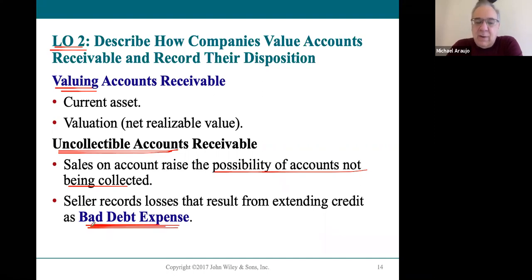And thus, from a practical perspective, that becomes a bad debt expense. It's a cost of doing business, because it's a little bit of a risk that they took to extend the credit by selling merchandise on account. And that risk didn't pay off in a payment. So businesses are allowed to have what we call a bad debt expense.